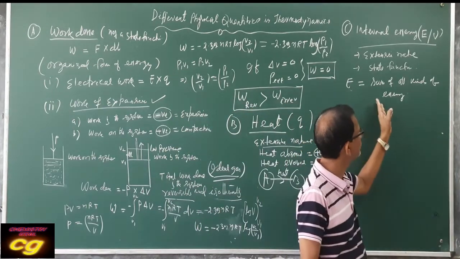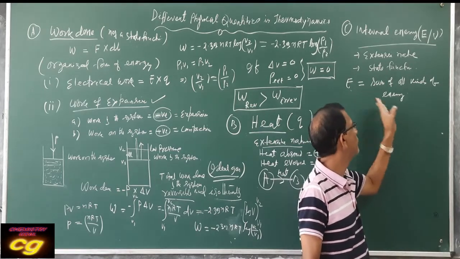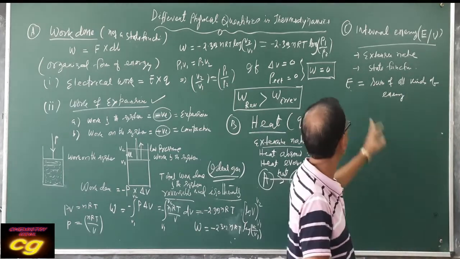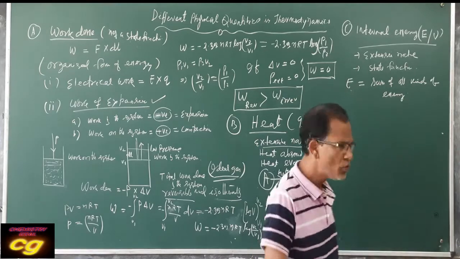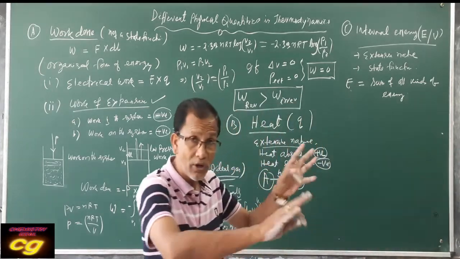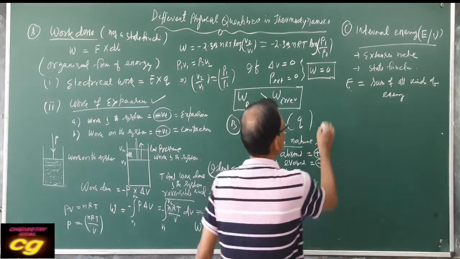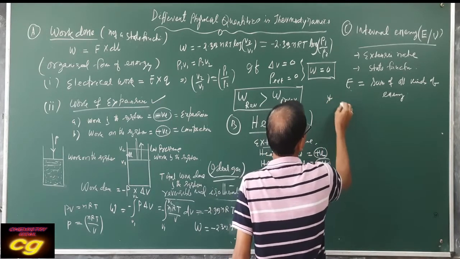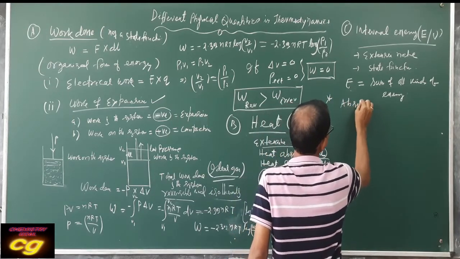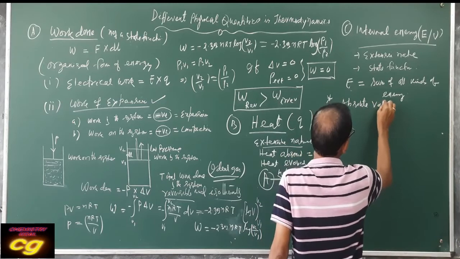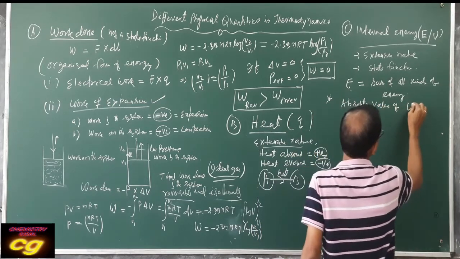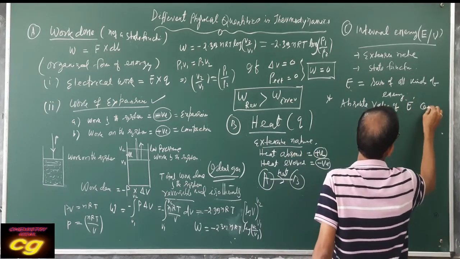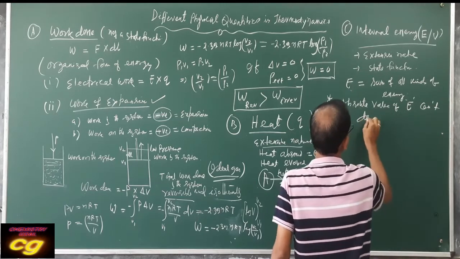So many types of energy possessed by the system together equal the internal energy. As it is the sum of all types of energy, the absolute value of E cannot be determined.